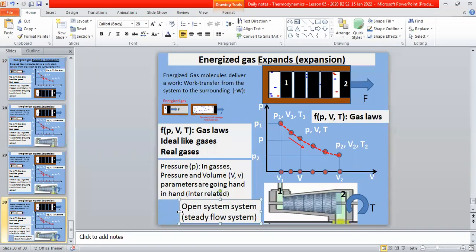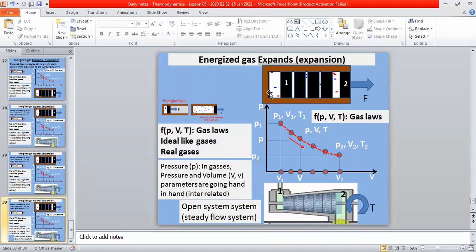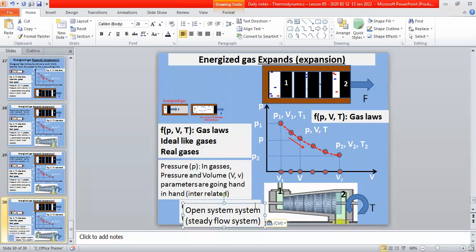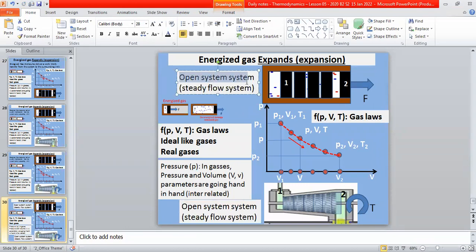The same way, if you look into this piston cylinder arrangement, this is a closed system.